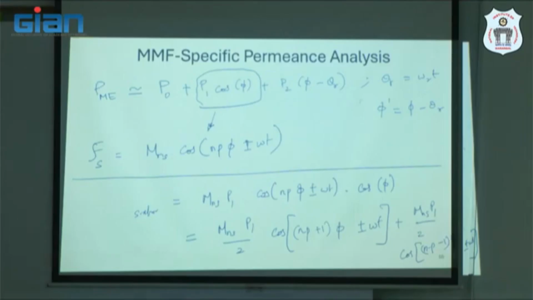Is this okay? So I have cos A cos B. So the phi terms will get added and subtracted: N P plus 1 phi and N P minus 1 phi. There will be two terms. So this is all from the stator frame of reference, right? So we have to now look at the same flux density from the rotor frame of reference.